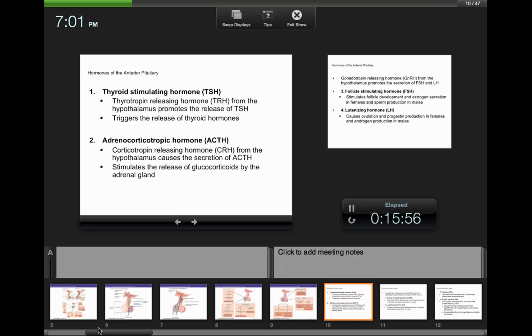So some of the diseases are pituitary dwarfism, lack of growth hormone, gigantism and acromegaly.